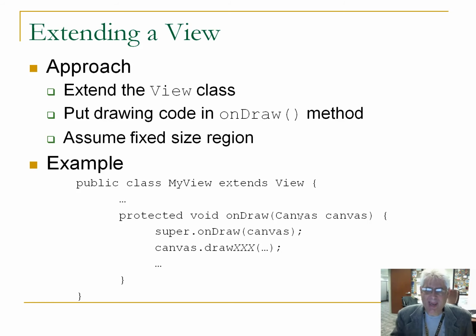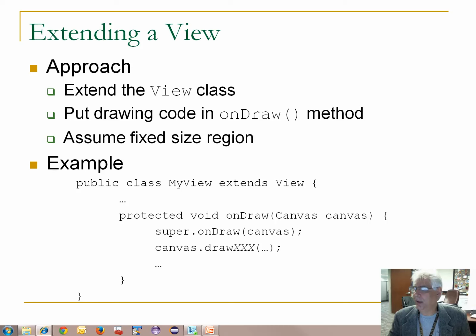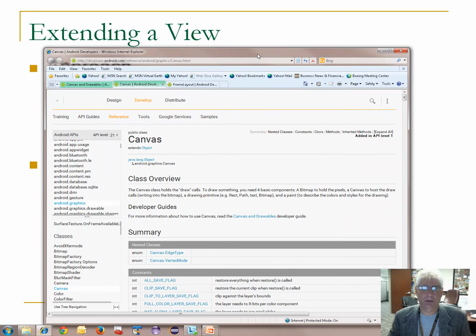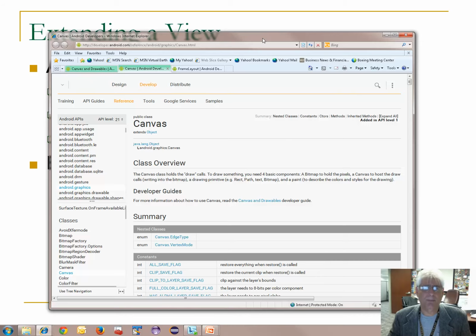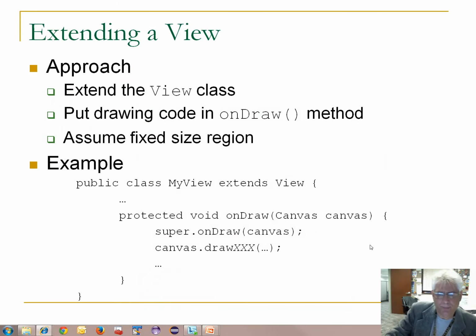We get handed by the Android runtime one of these canvas objects. So this is the type here, android.graphics.Canvas actually, and here again, here is the API, and that is linked in your notes. We call the superclass method, but really what we're interested in is this canvas object that we're passed.